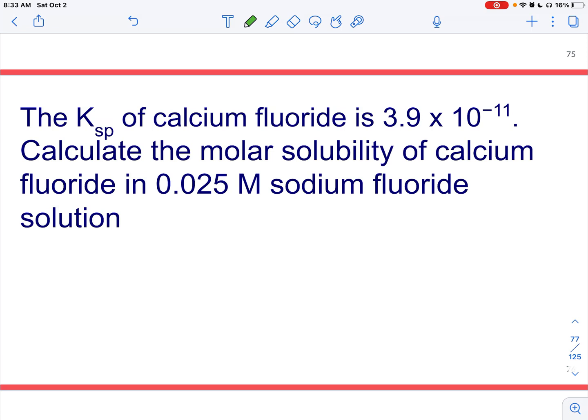All right, so now let's go in the opposite direction. We're back to our good old friend calcium fluoride, but now we're going to figure out what the molar solubility would be.